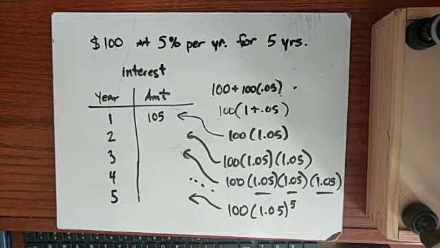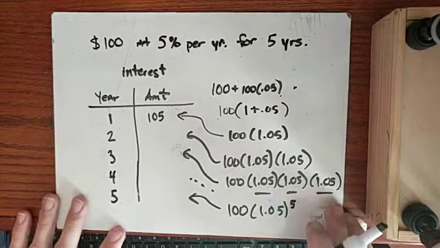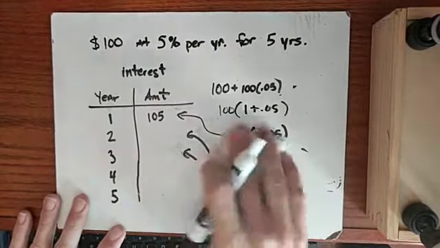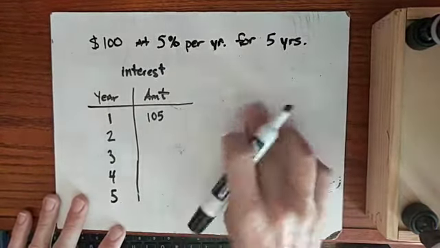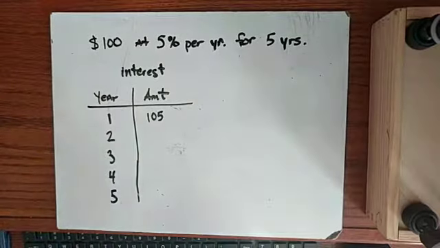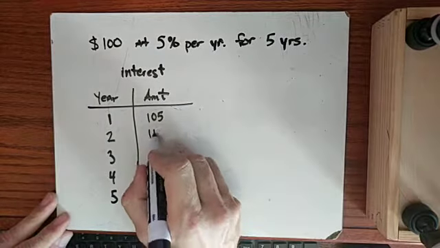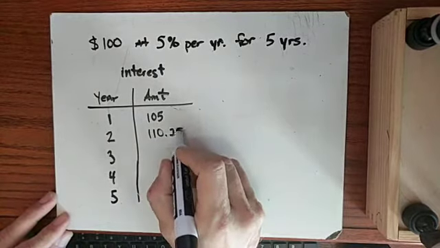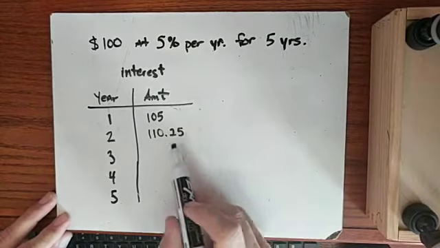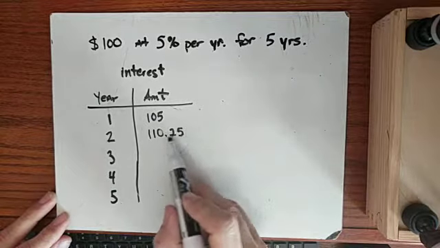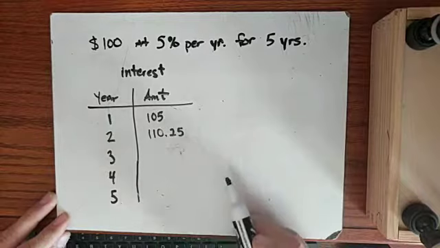And so I'll tell you how much money this actually turns out to be, and you can compare it to the amounts that we got previously in the video. So at year 2, instead of having $110, you have $110.25. The 25 cents here is 5% of $5.